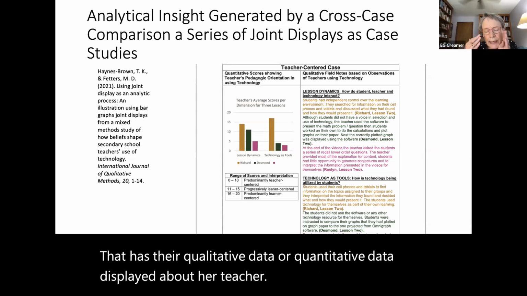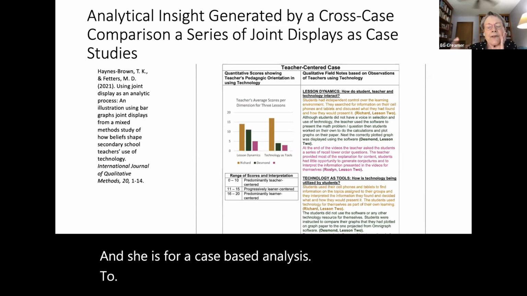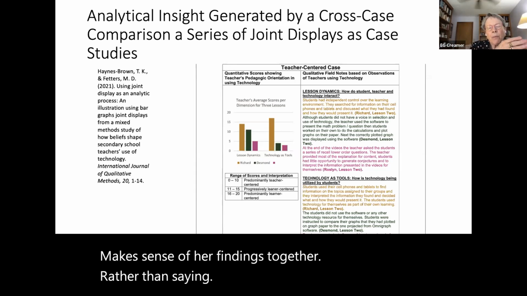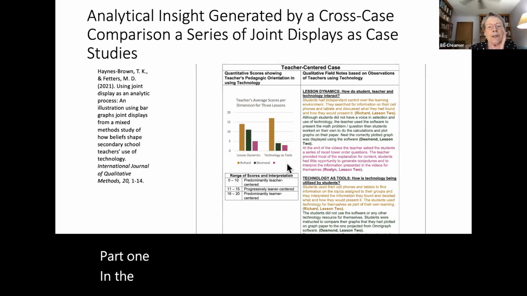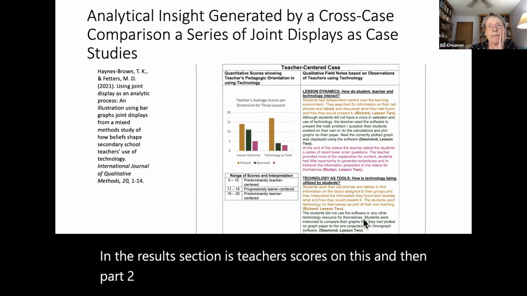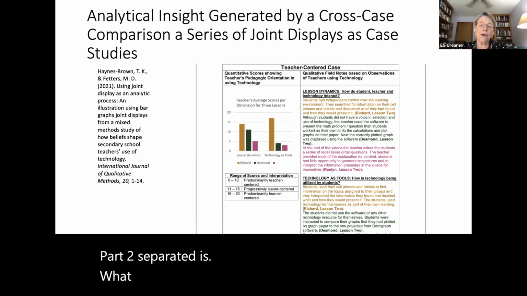And she uses a case-based analysis to make sense of her findings together, rather than saying, part 1 in the results section is teacher scores on this, and then part 2 separated is what they said in this case.